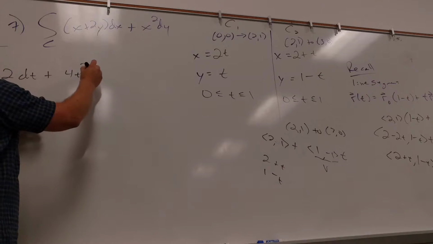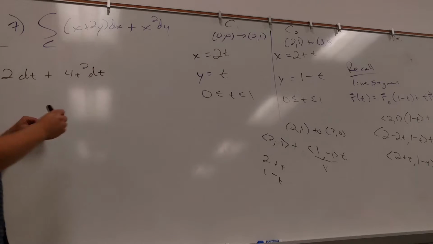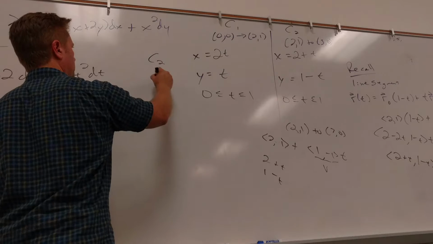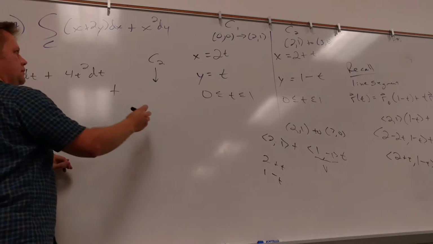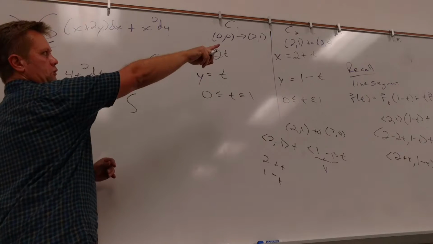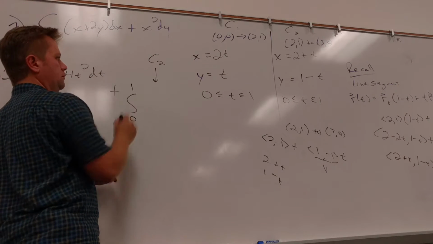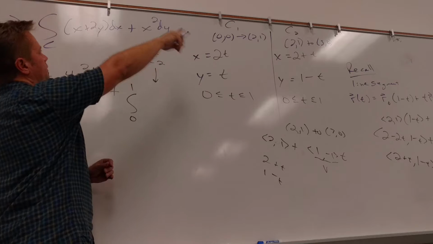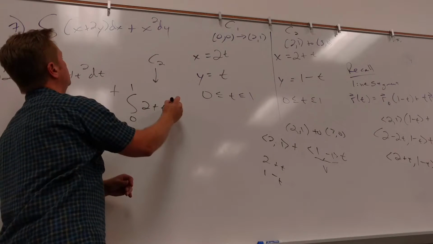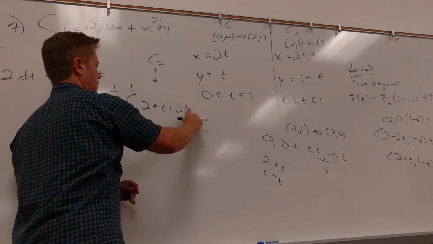What's dy? dt. And then I have to do one for curve 2, right? Plus, curve 2 is going to be there, and it's still 0 to 1. X is 2 plus t. Y is 1 minus t.